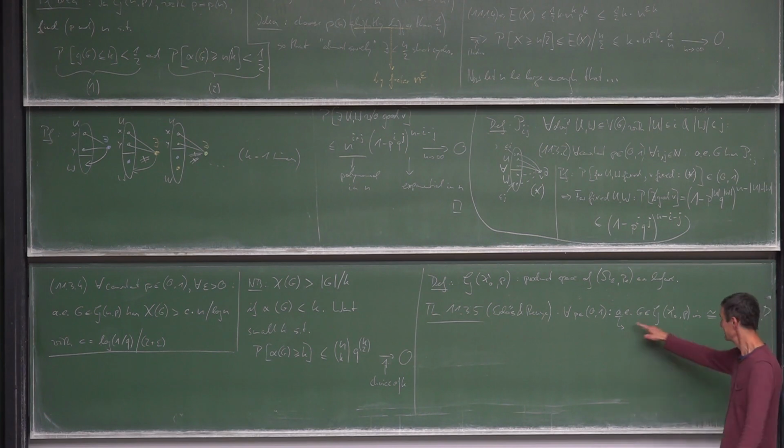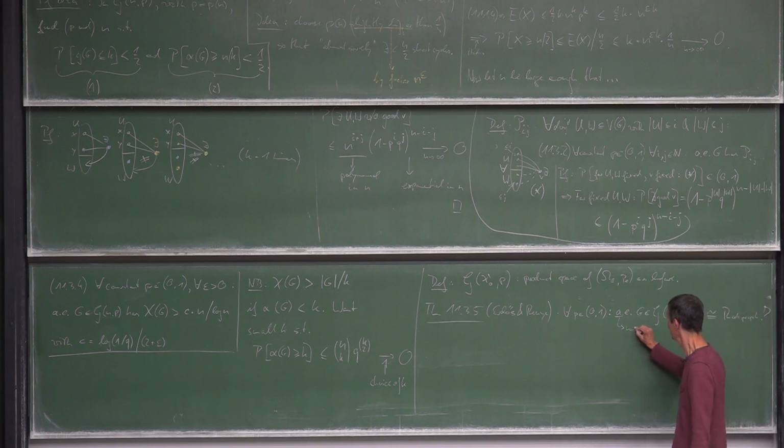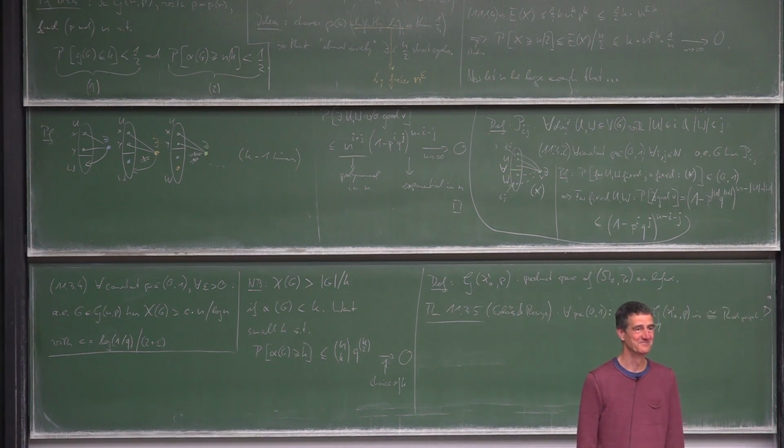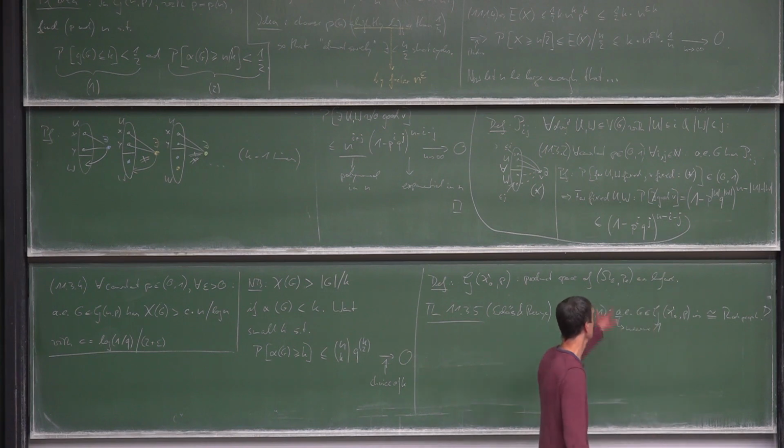Now, almost every now means all but a null set. Isn't that nice? So there's only one countable random graph. Well, that's the Rado graph, for probability neither 0 nor 1.